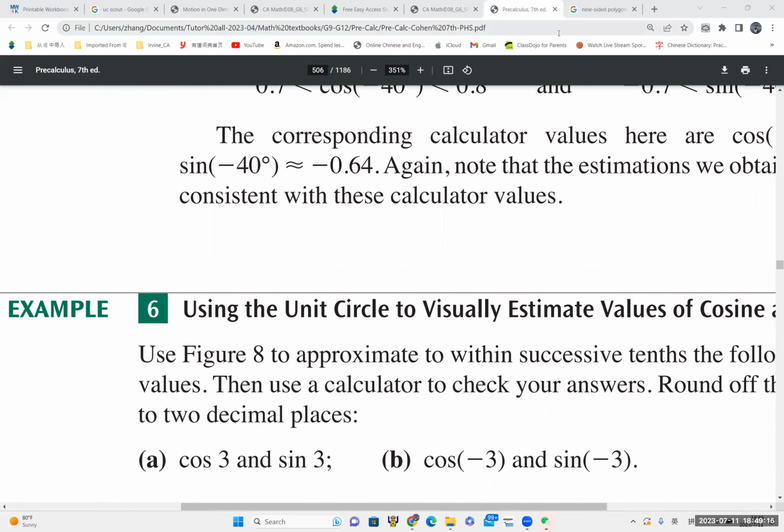How about, this time we change. Leo do part B, Ray do part A. You can use a calculator. Yeah, just use a calculator. You don't need to use figure eight.